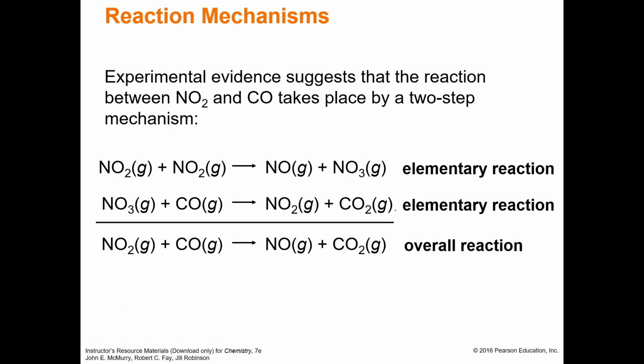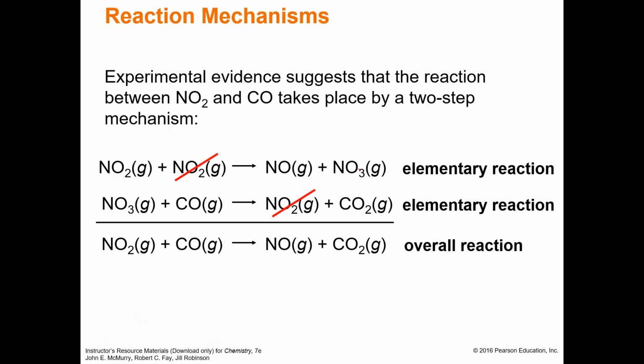These first two steps are elementary reactions. They're single steps in this reaction. Our final reaction down here is our overall reaction. If we look at our reaction and think back to Hess's law, we have NO2 that shows up on the reactant side of our first reaction and on the product side of our second reaction, so we can cancel that out.